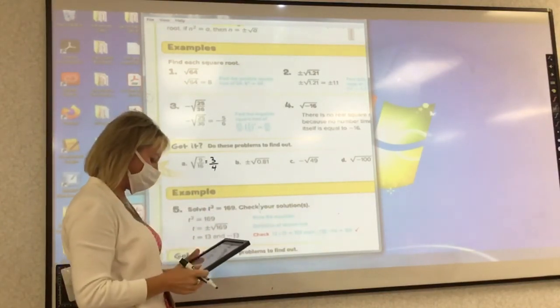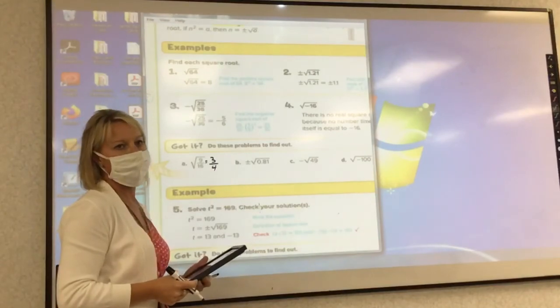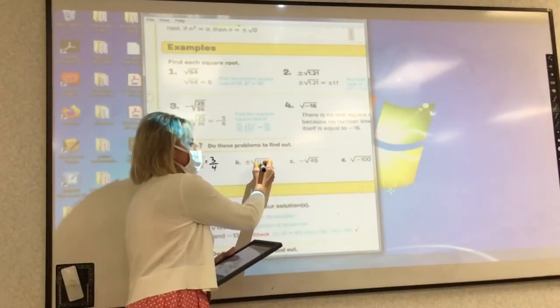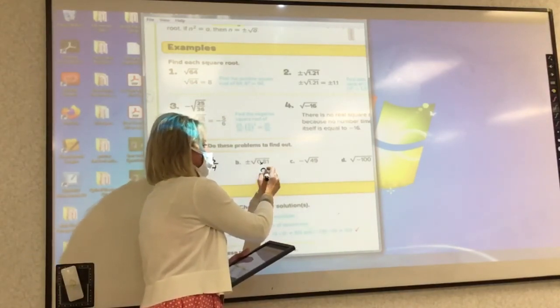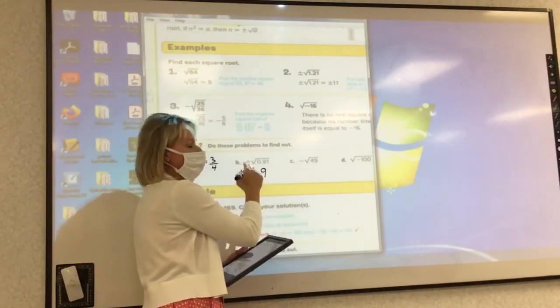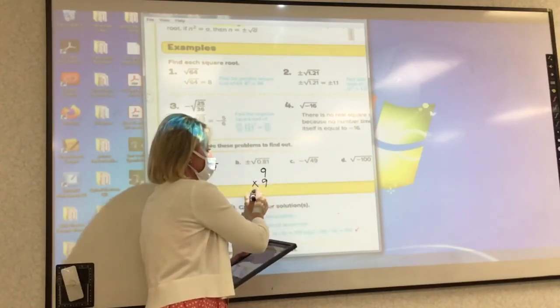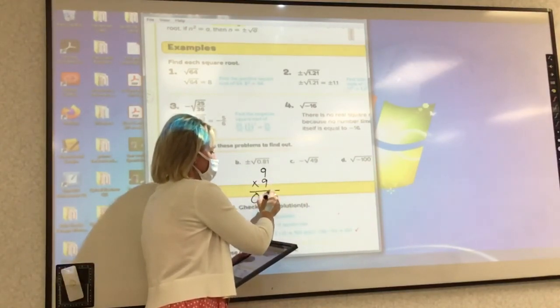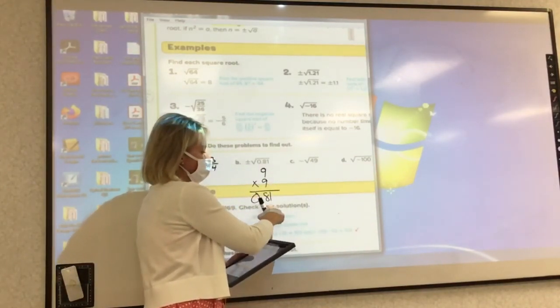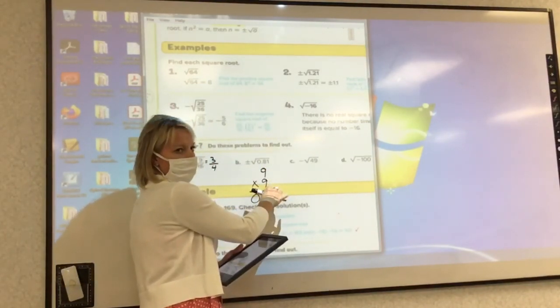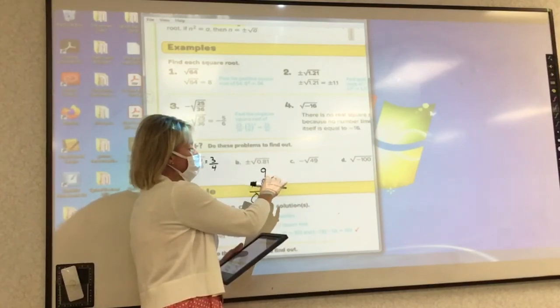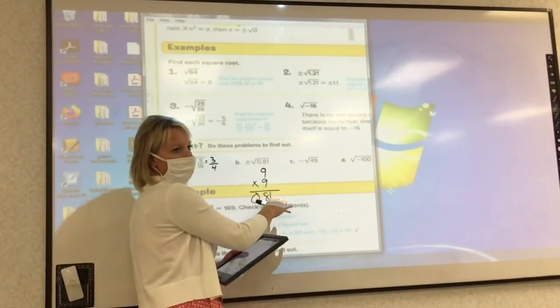The square root of 81 hundredths. 9. Think without the decimal first. 9, that's pretty easy. Now, at the end, when I take 9 times 9, I need 2 decimal places. And this has to be the same number. So I can't put 2 decimal places in one and not the other.